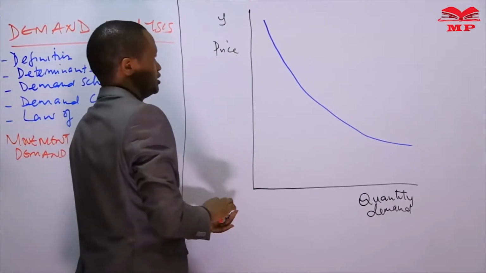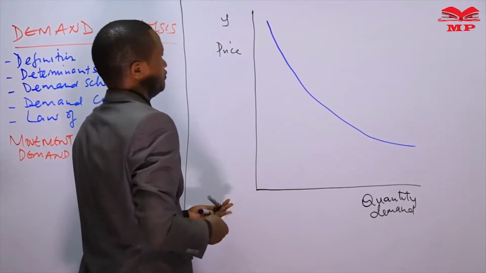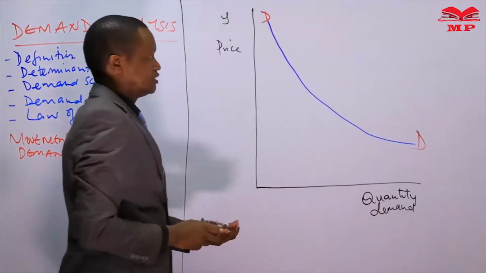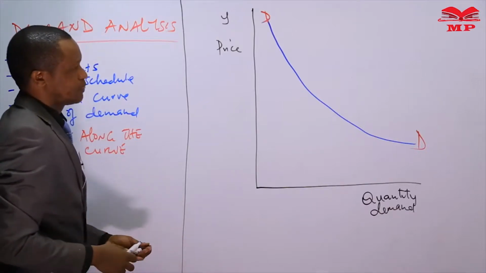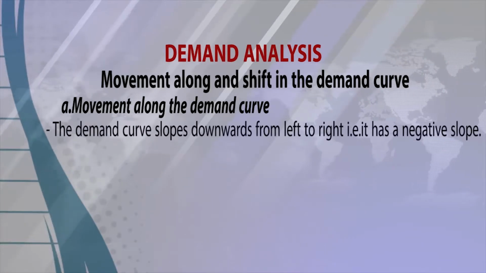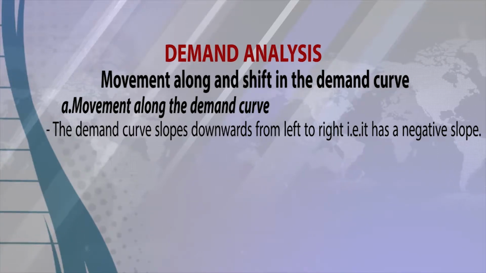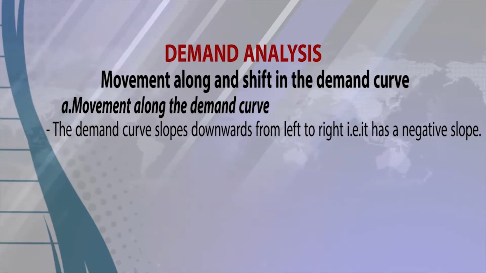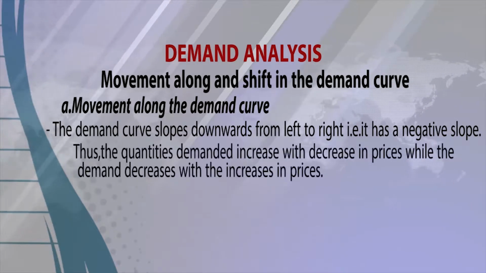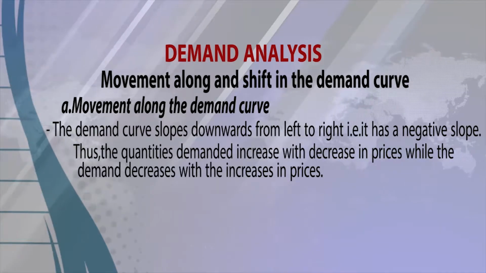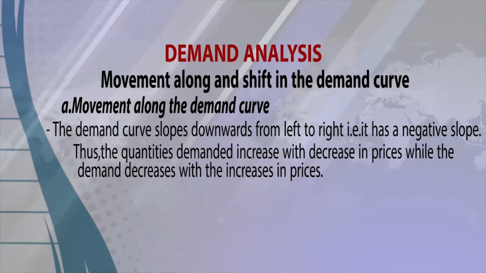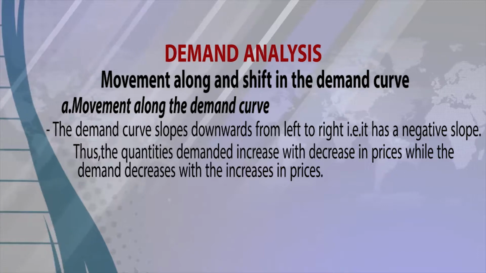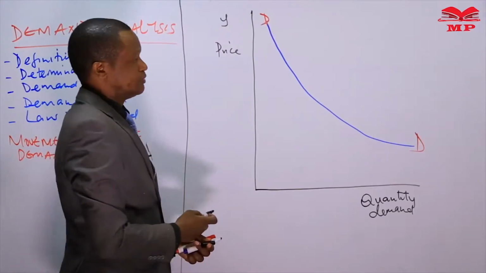That is the demand curve, DD. We say that the demand curve slopes downwards from left to right, which means it has a negative slope. Thus, the quantities demanded increase with decrease in prices, while the demand decreases with the increase in prices, and that is in line with the law of demand.